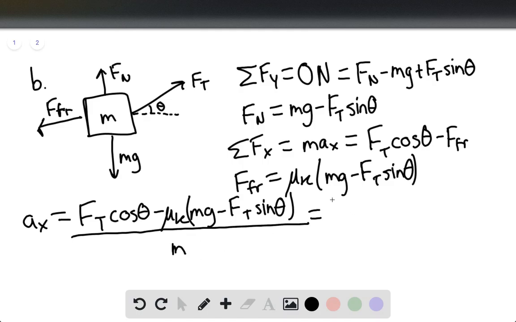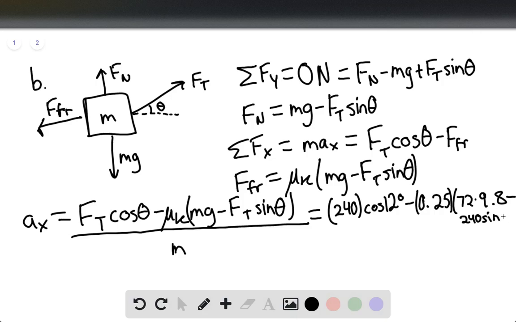So we can plug this in. It would be 240 cosine of 12 degrees minus 0.25 times the mass of 72 times 9.8 minus force tension, so 240 sine of 12 degrees, all divided by the mass of 72.